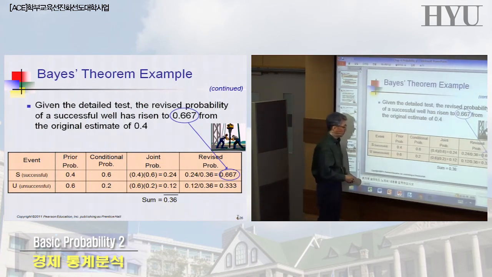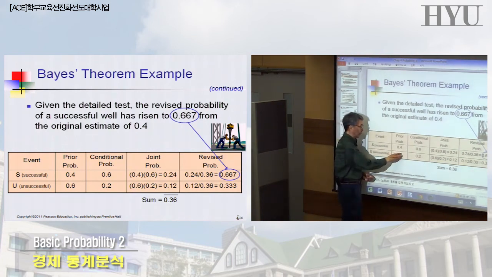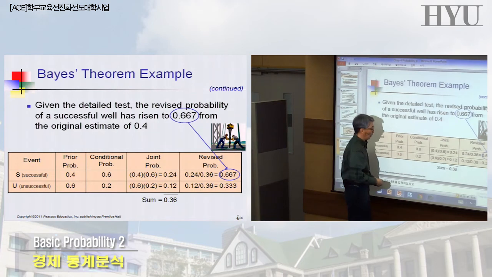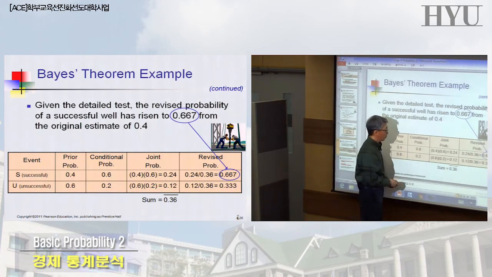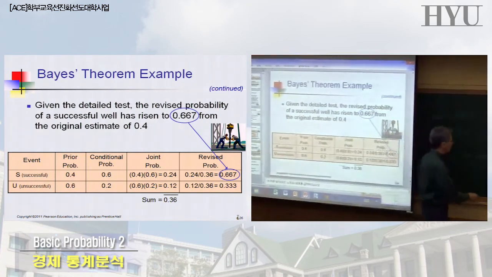We know that based on the prior history. And then we were given this conditional probability.